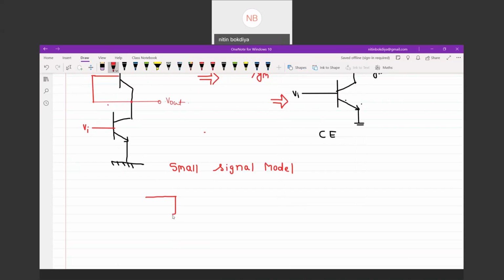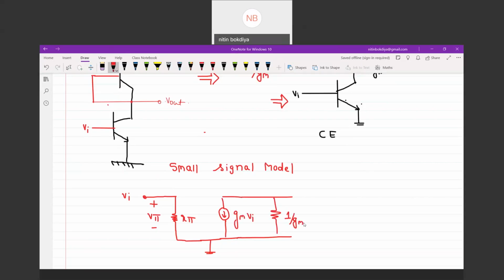This is R pi. This is VI. Collector is connected to ground. This is V pi. Then this is GM into VI because there is no loading. And here we are having collector resistance, which is 1 by GM, because all parameters are identical, otherwise we would take GM1 and GM2.